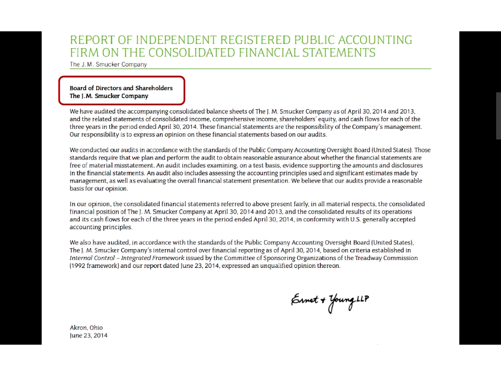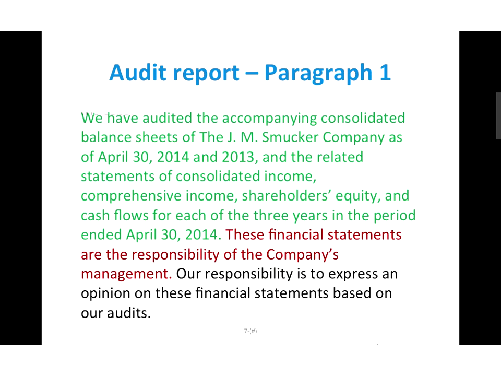This is the report of the independent registered public accounting firm. So that's the auditor on the financial statements. Where I've got circled there, it says board of directors and shareholders of the J.M. Smucker Company. So this is the audit report. Okay? So keep that in mind.